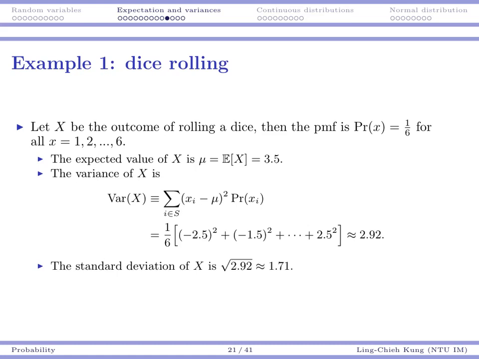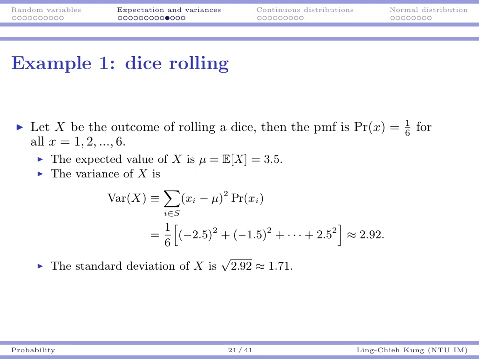Again, suppose that we have a dice and the probability function is that the probability of X is 1 over 6 for all the possible values. We know that the expected value is 3.5. So now if we want to calculate the variance, it's the following.